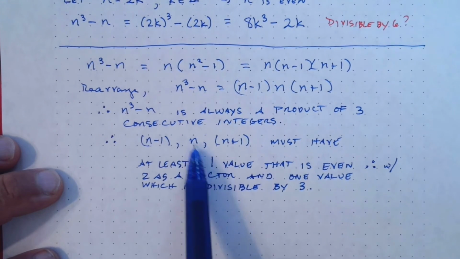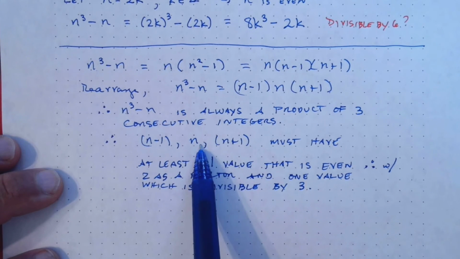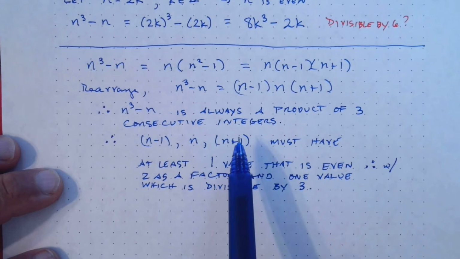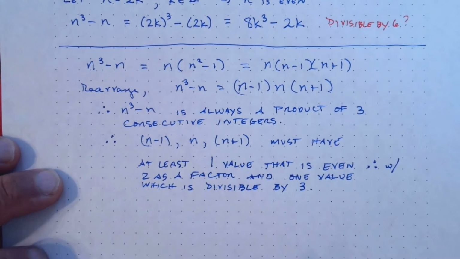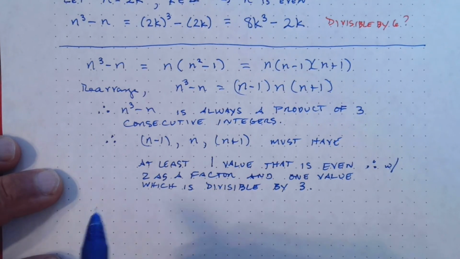If I have 4, 5, 6, divisible by 2, not divisible by 3, but 6 is divisible by 3. Right? Any 3 consecutive integers will have one integer that is divisible by 2 and one integer that is divisible by 3. So therefore, if I look at their product, it must be divisible by 6.